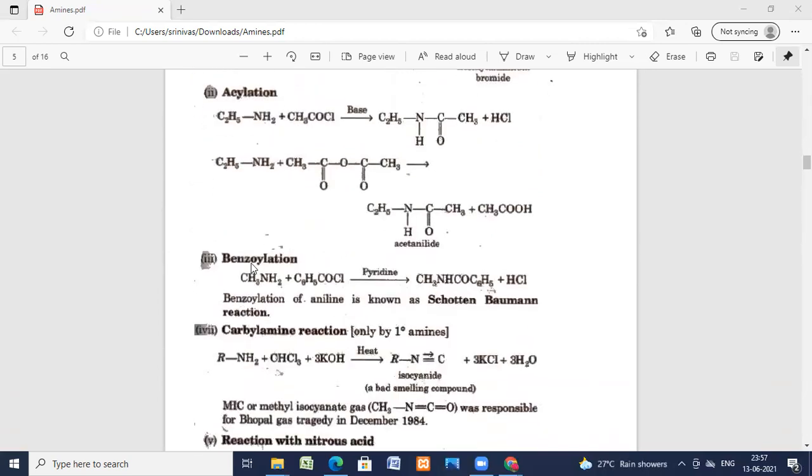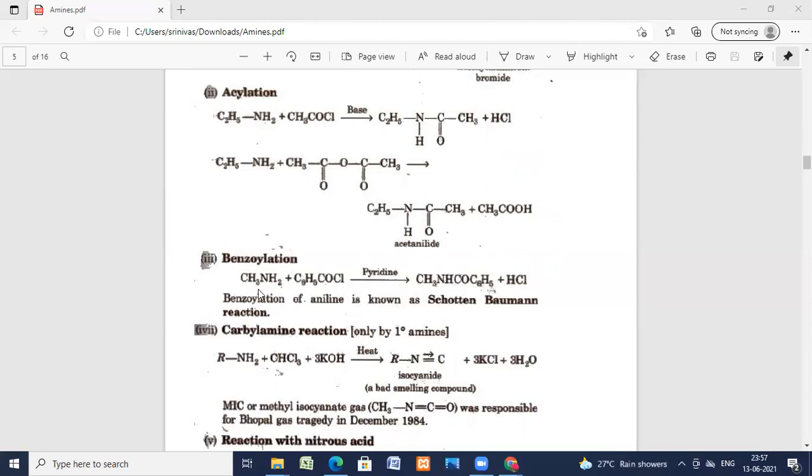Now what is benzoylation? Methylamine on reaction with benzoyl chloride in the presence of pyridine: CH3NH2 and C6H5COCl. HCl is removed and the COC6H5 is added to the NH group. This is the Schotten-Baumann reaction, benzoylation.